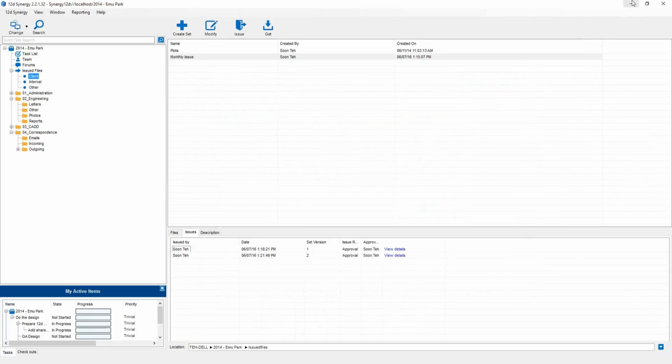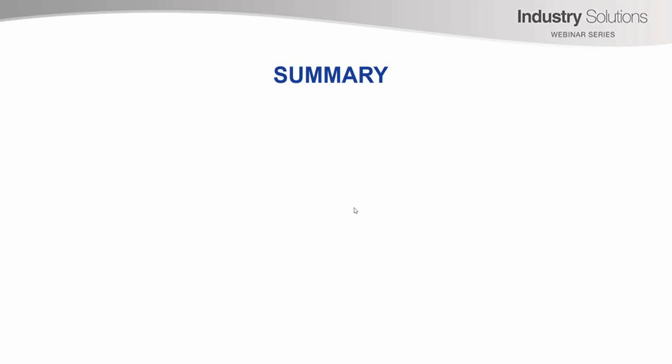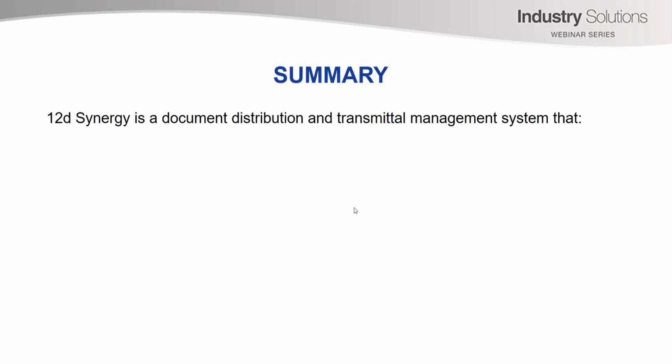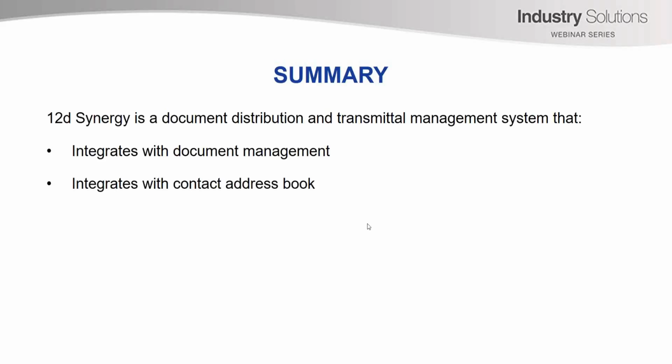So that concludes the demonstration. I'm just going to summarize what I've just demonstrated to you. 12D Synergy is a document distribution and transmittal management system that integrates with document management. It integrates with transmittal management with a contact address book.